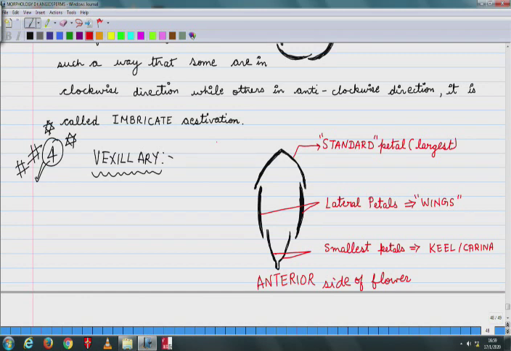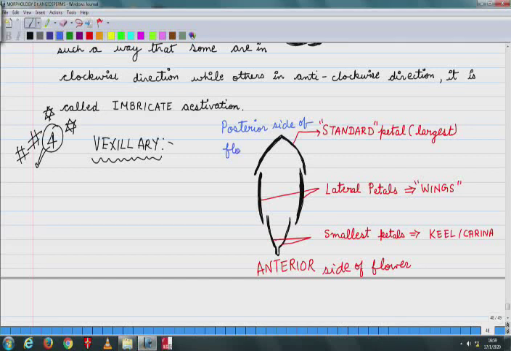The upper side is called the posterior side of the flower. So which will be the anterior petal? Keel. Which will be the posterior petal? Standard. Lateral petal, everybody knows.